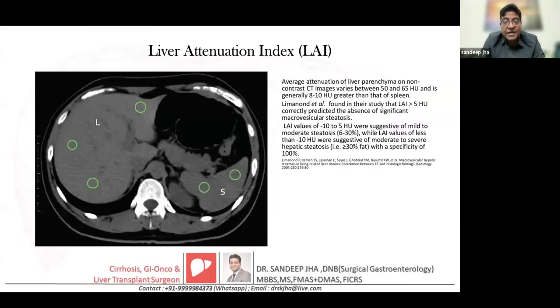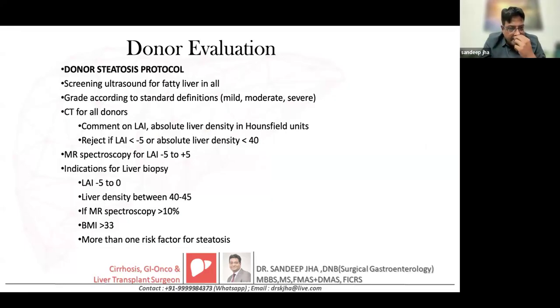This is how we evaluate for fatty liver. Some donors have fatty livers, and it is evaluated on a non-contrast CT scan, and a liver attenuation index is calculated. If that liver attenuation index is anywhere less than 0, then the donor is declared unfit, and we don't take the donor for liver donor surgery.